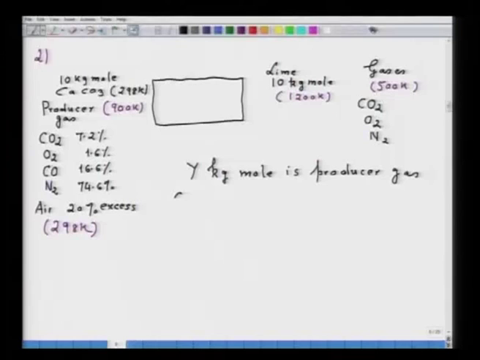In the case of gaseous fuel combustion, CO, hydrogen and hydrocarbon are the combustible components; CO2 and N2 are the diluents, they do not take part in the combustion. So, mind you, that is an important thing. So, the calorific value of producer gas will consist of only when CO is completely combusted to CO2.